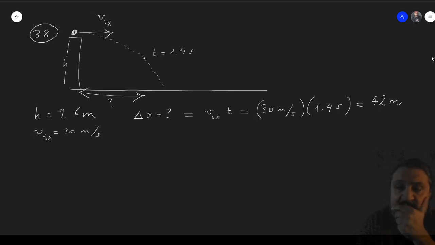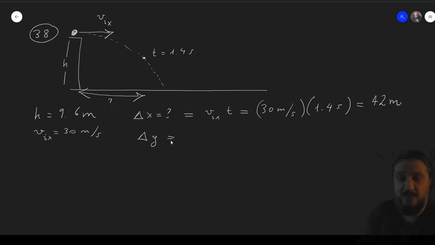Well, I made an assumption, that the ball would be here. That assumes that it hasn't reached the ground yet. Is that a reasonable assumption? Why don't we check delta y?